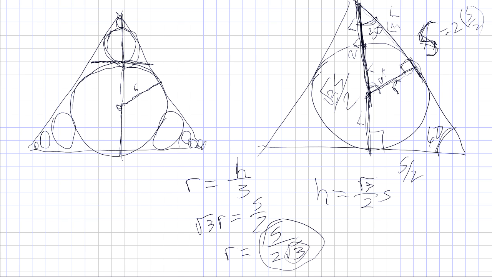So can you see that each time we do this, we make a new triangle right there, and this triangle will have 1/3 the height of the original triangle. So this height is 1/3 this total height, and this height is 1/3 this total height. And each time that's going to be the radius of the previous one.